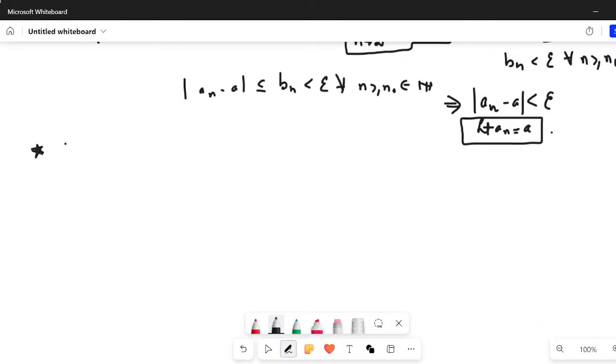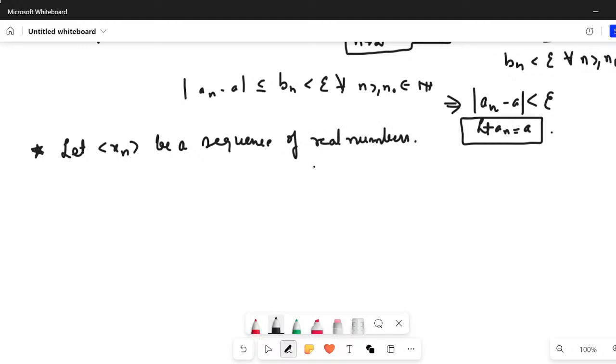So let xn be a sequence of real numbers, and let us say that this xn converges towards x, and this x is positive.